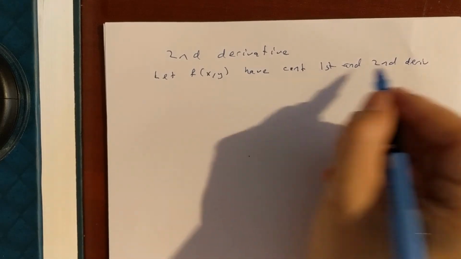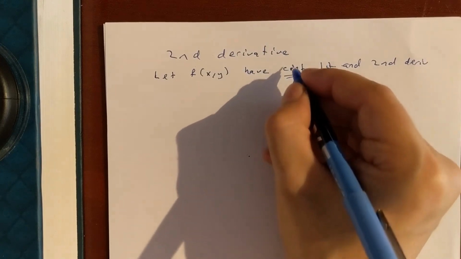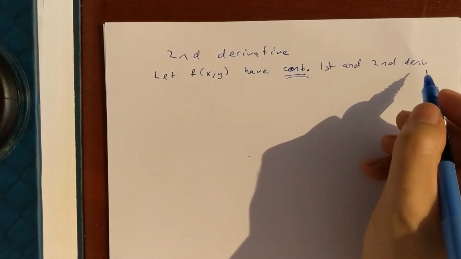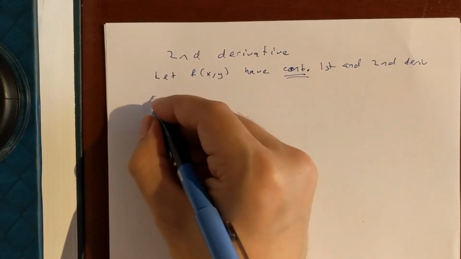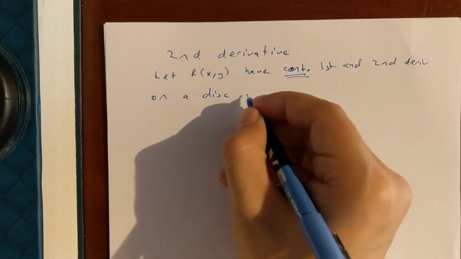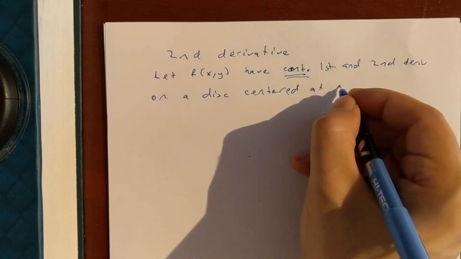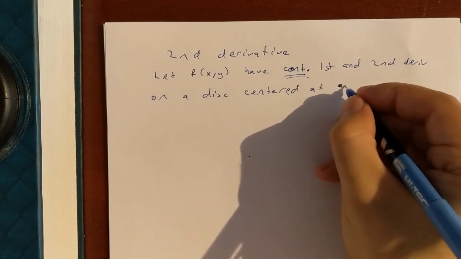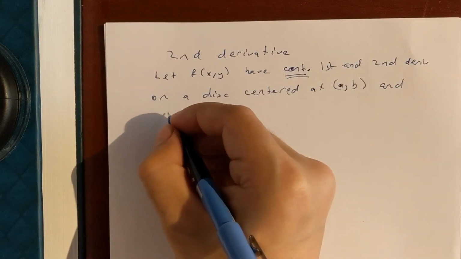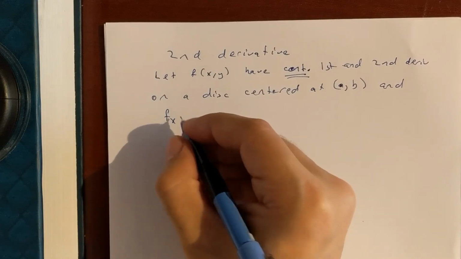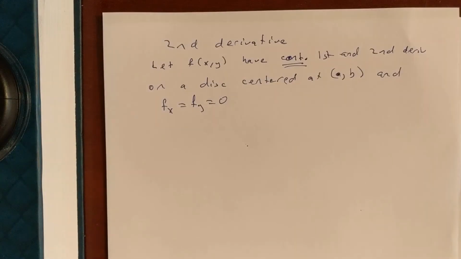So you could just say it has continuous second derivatives, on a disk centered at (a, b), and let's say both of the partials f_x and f_y are 0.